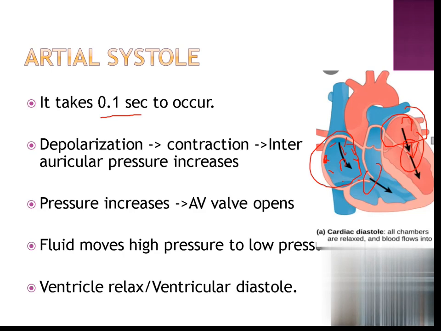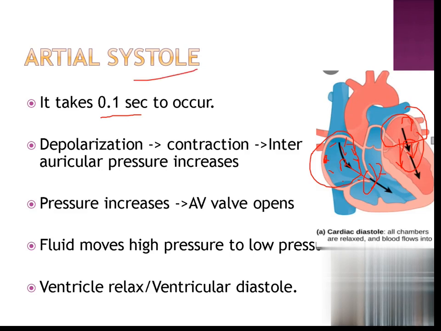The blood from the higher pressure zone, which is the auricle, will gush into the ventricle. Because here the pressure is comparatively lower, and the volume is higher. Once the blood flows from the auricle to the ventricle, now what happened?